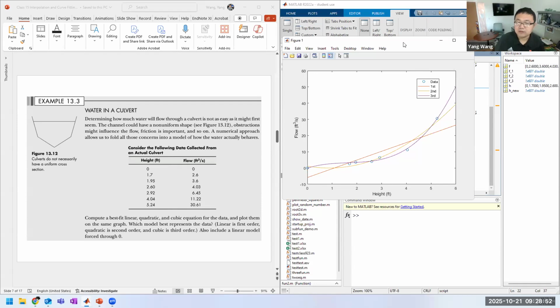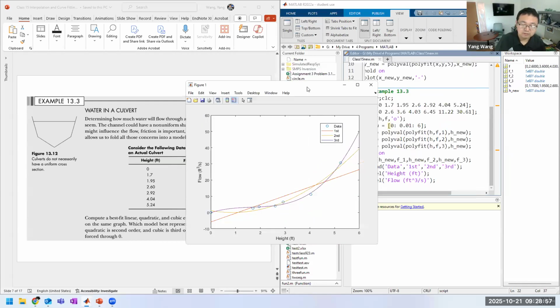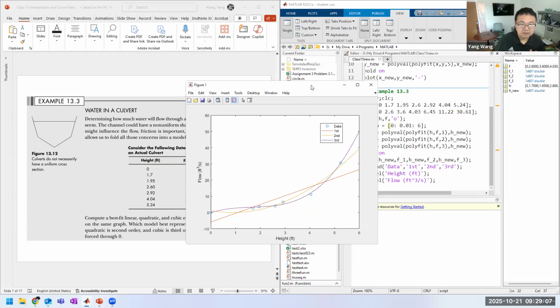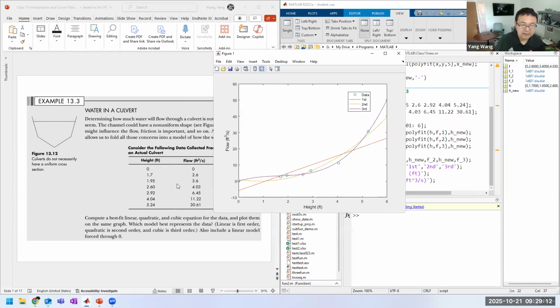So eventually the linear fit is about the matrix calculation. It's a left division method. It's an over-defined problem that you can directly solve using the left division, A backslash B. So the A basically are the different X and Y values, or the H and F values.